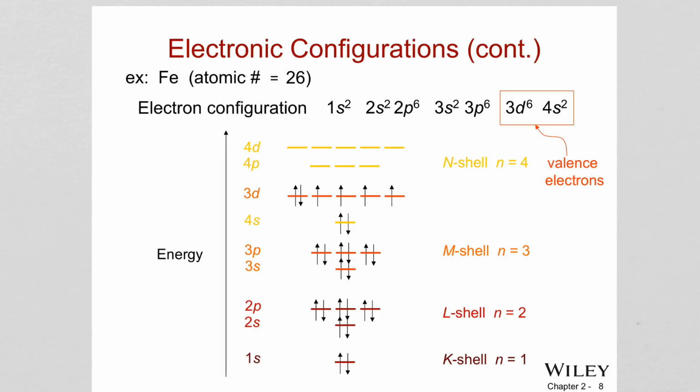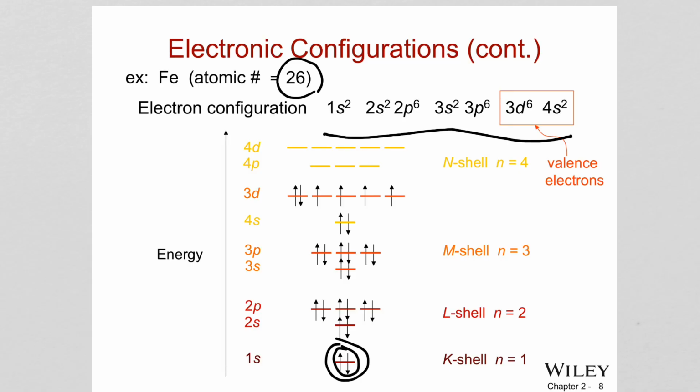An example of electron configuration is given in this slide: iron, with atomic number 26. So as you can see here, if we write down the electron configuration starting from the lowest energy level, the first energy level will be occupied with 2 electrons, as you can see, spinning in opposite directions.